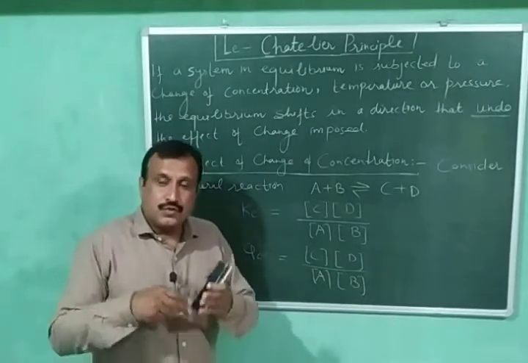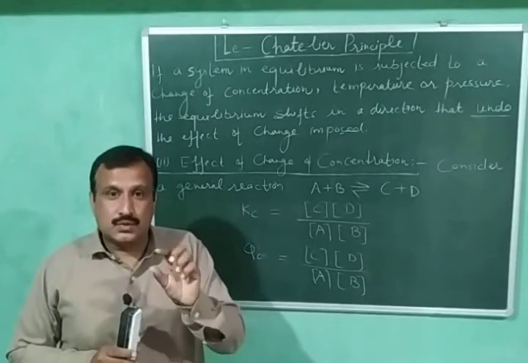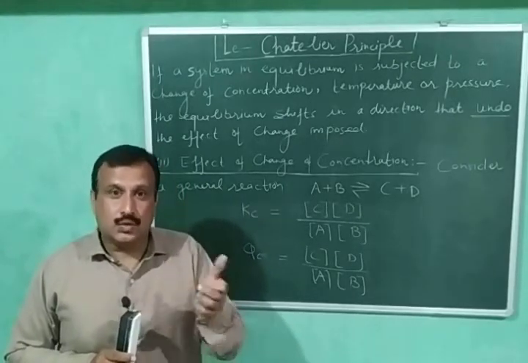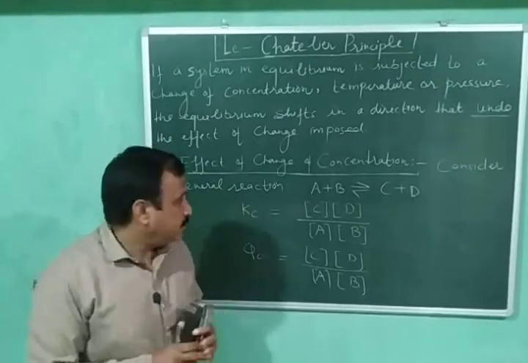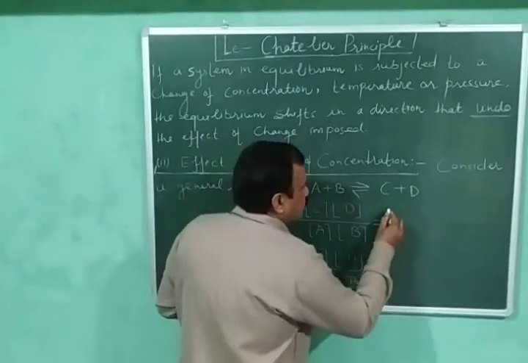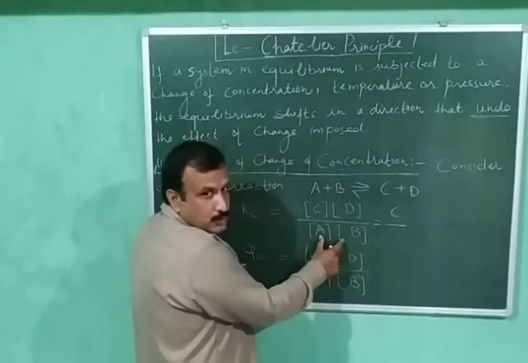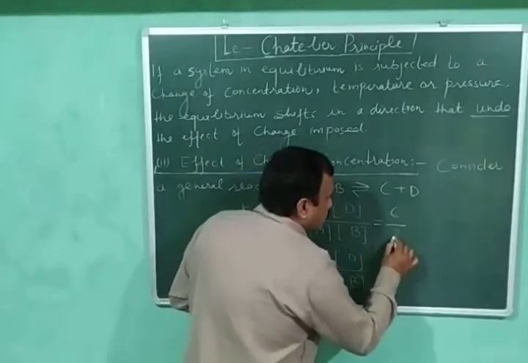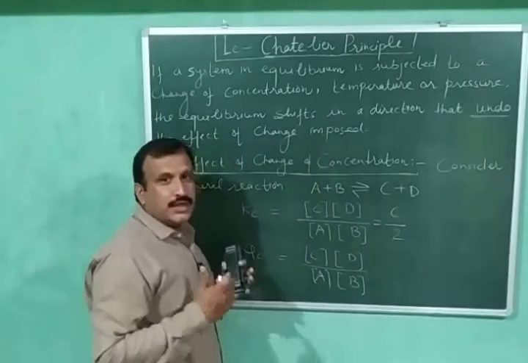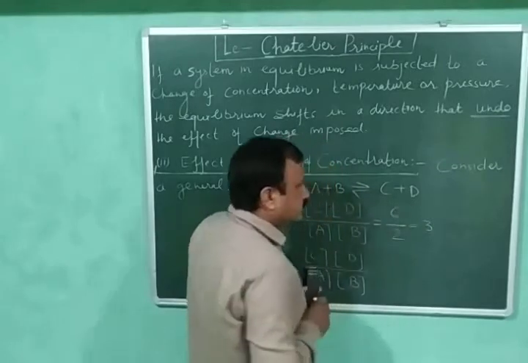For the ratio of two terms to be the same, the two terms need not be equal. Suppose the value of this term is equal to 6 and the product of A and B is equal to 2. Then the equilibrium constant is equal to 3.